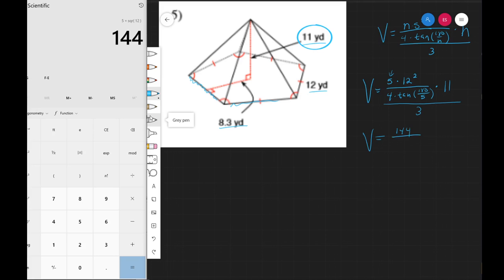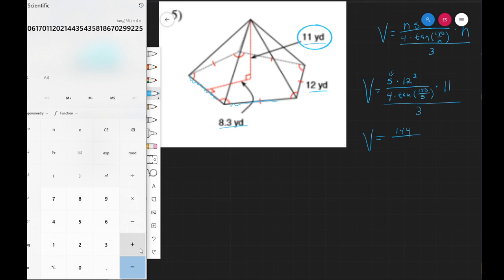Now let's figure out what 4 times tangent of 180 over 5 is. 180 divided by 5 is 36. If we find the tangent of that and multiply it by 4, we get about 2.9.